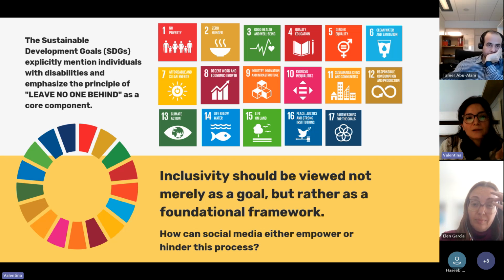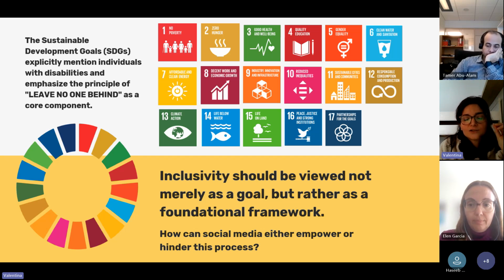In the Sustainable Development Goals, there are explicit mentions of inclusivity. There are specific goals, for example reduce inequalities, promote gender equality, promote quality education, and so on.